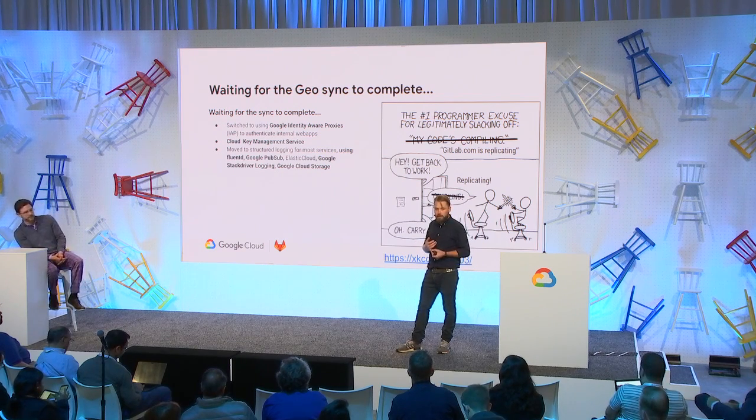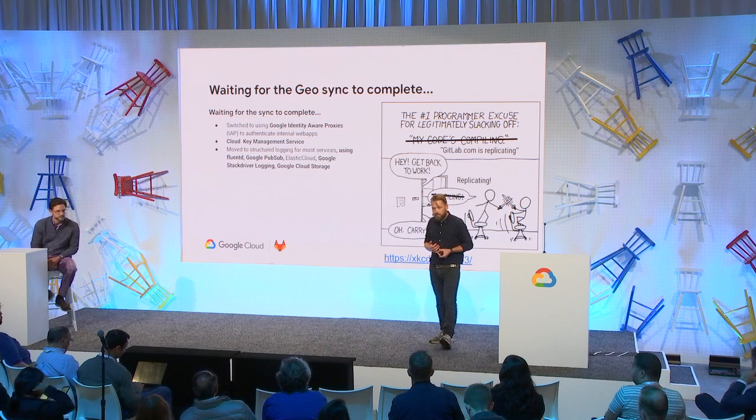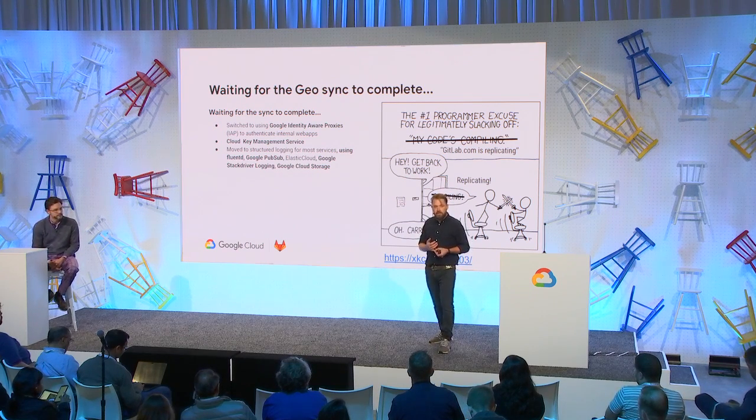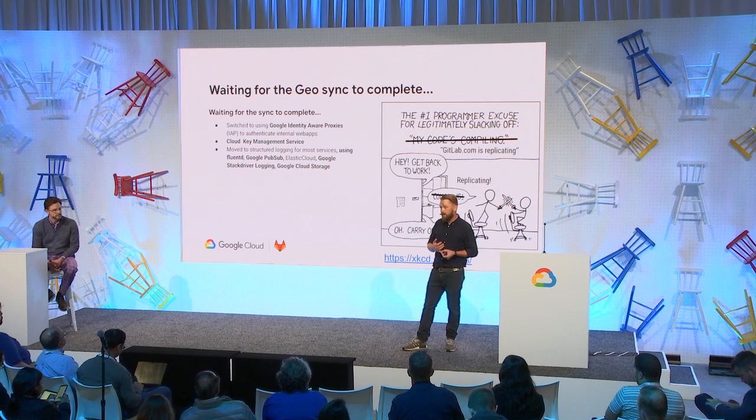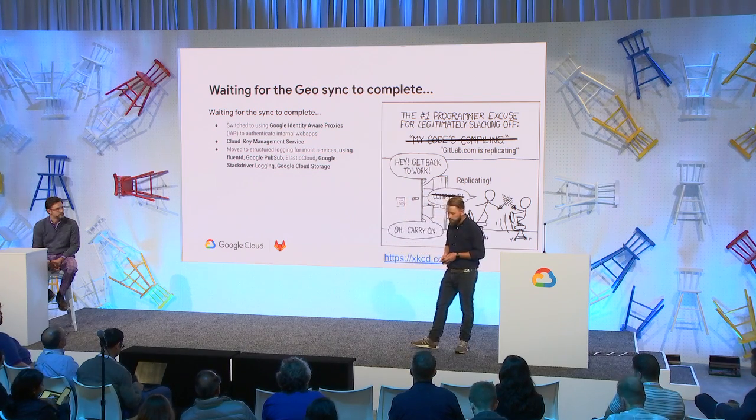We set up Cloud Key Management Service for security. And we also did a major revamp of our logging infrastructure, moving to structured logging wherever we could, and switching to FluentD and Google PubSub for logging. For short-term logging, we use Stackdriver and Elk. And for long-term logging, we stored our data in Google Cloud Storage.